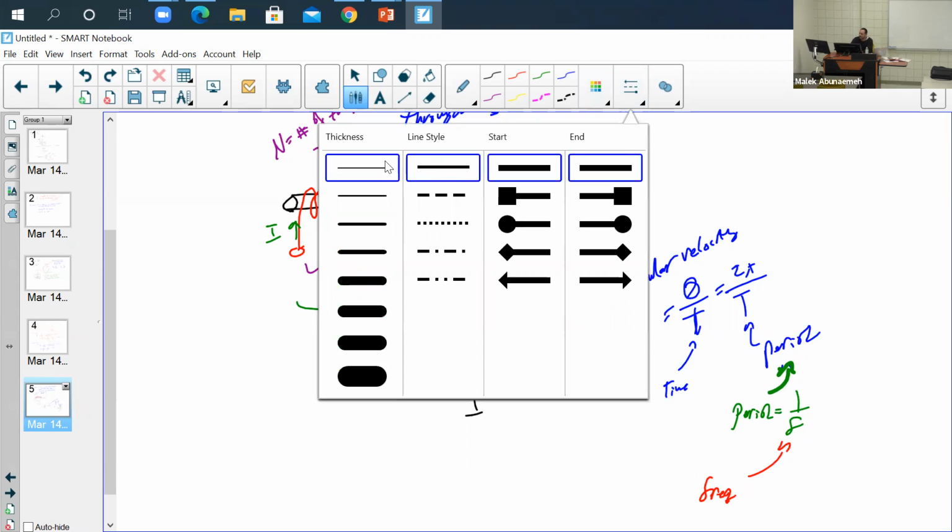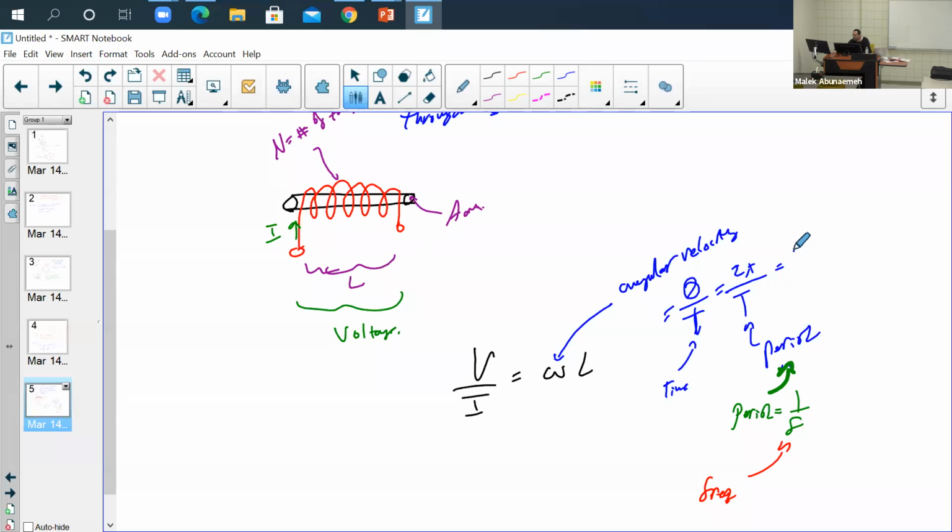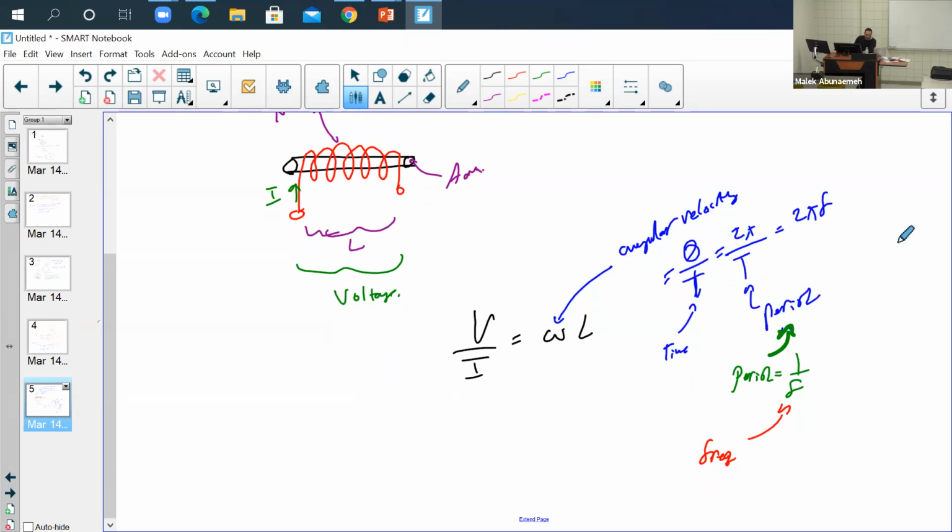So basically, this is going to equal your 2 pi f. So your root mean square voltage over your root mean square current is going to equal your 2 pi f multiplied by your L.